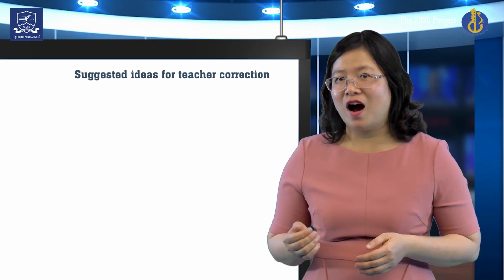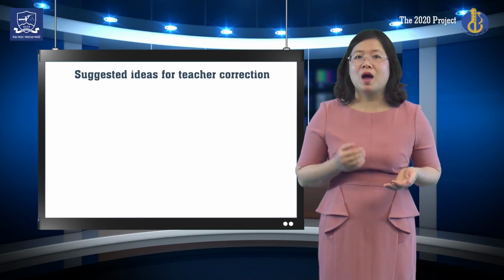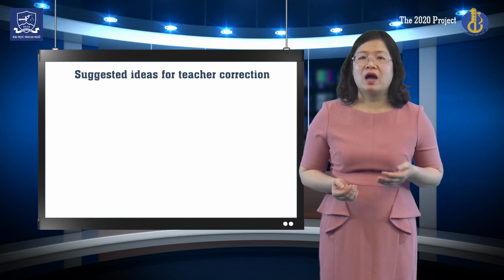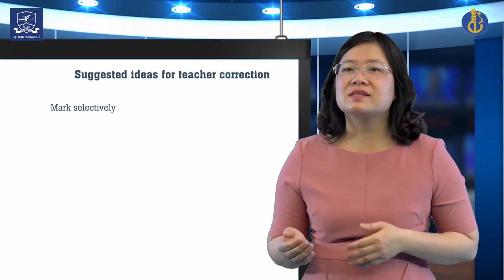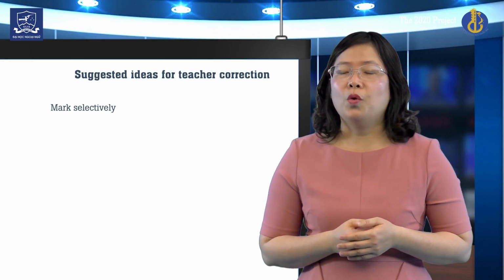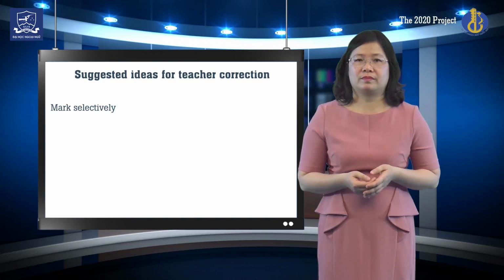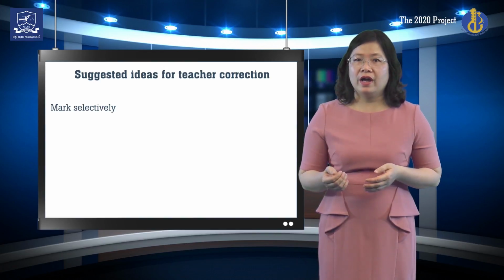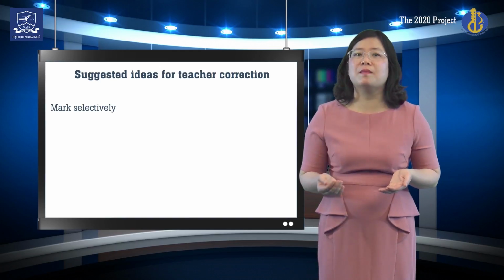Lee 2005 suggests a number of ways of varying the amount of marking students' written work and the ways teachers do it. First, mark selectively. We do not need to mark everything all the time. If we do, it takes a great deal of time and can be extremely demotivating.